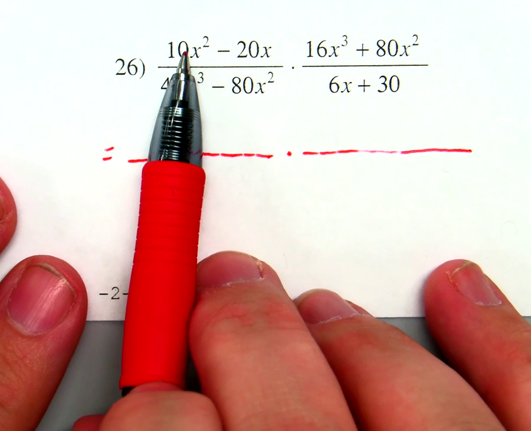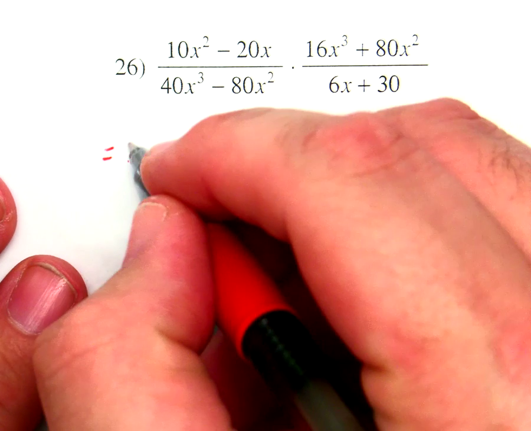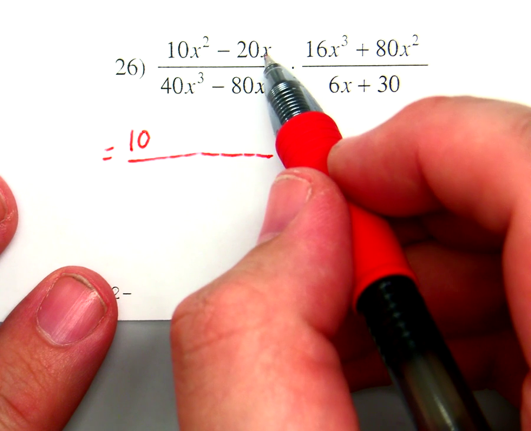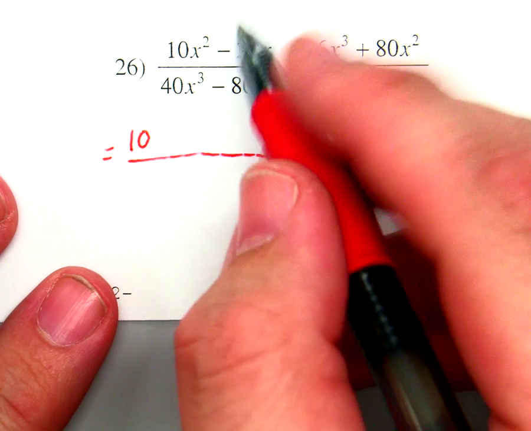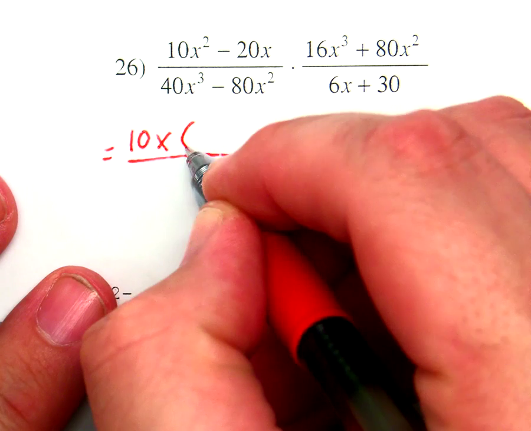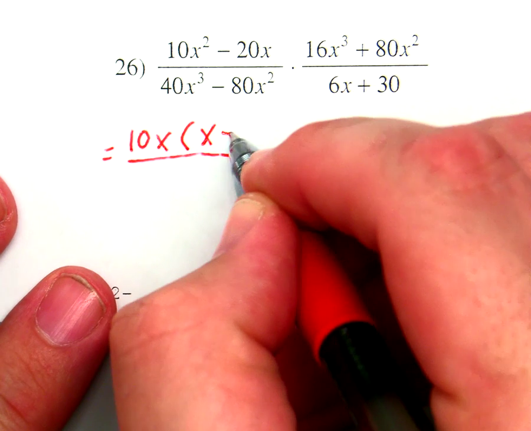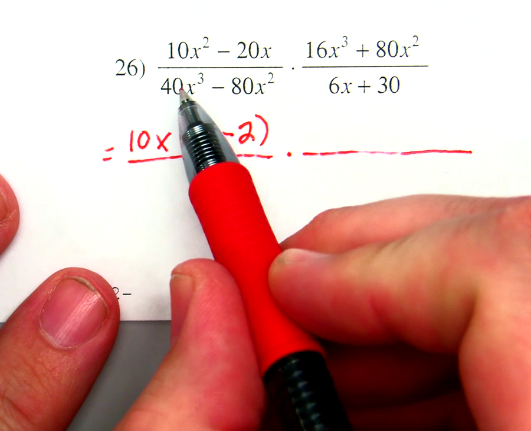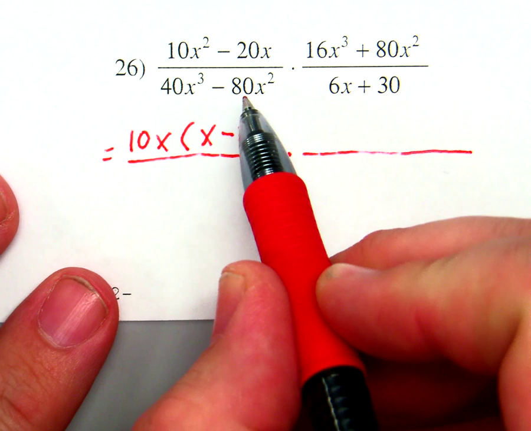Even more than that, it's 10. You take the biggest factor for the number. What about with the x's? I have x squared and x. So I could take 10x out, and I'm left with x minus 2.